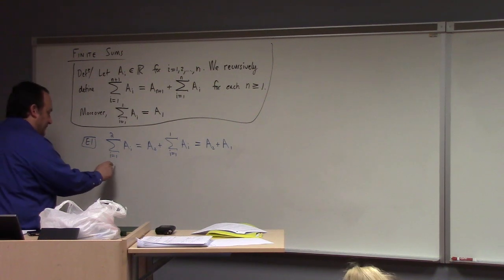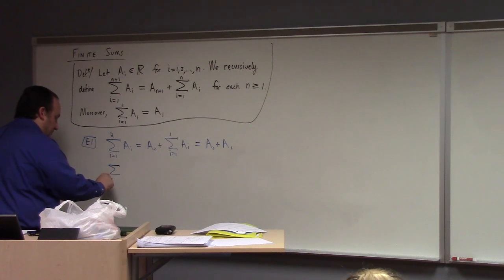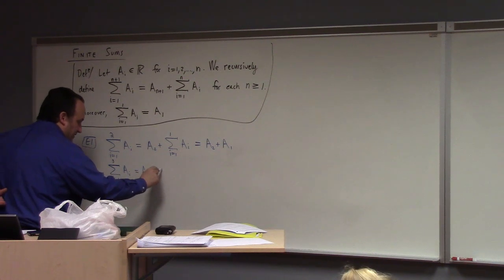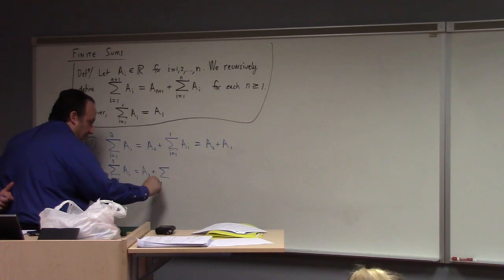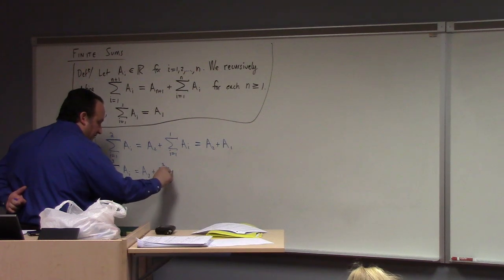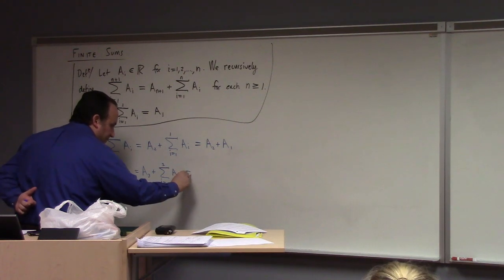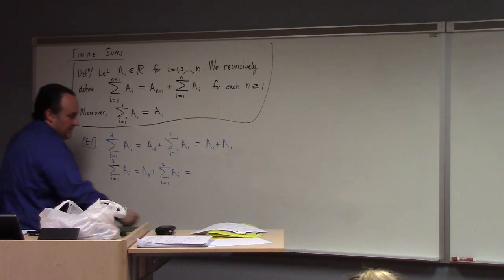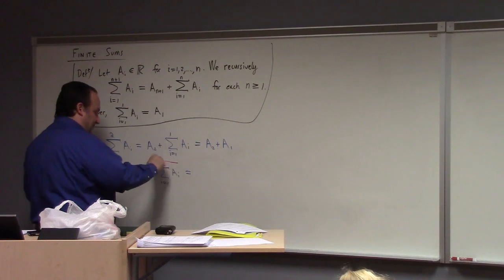If I have the sum i equals 1 to 3 of a sub i, we do a sub 3 plus the sum i equals 1 to 2 of a sub i by the recursive definition. But then we just work that out. From the step above, we know that this is what?